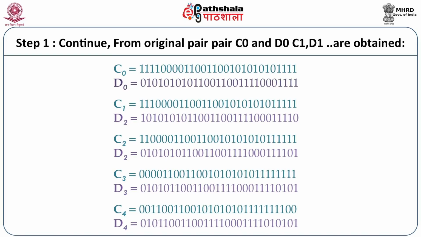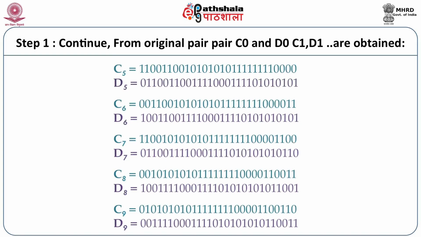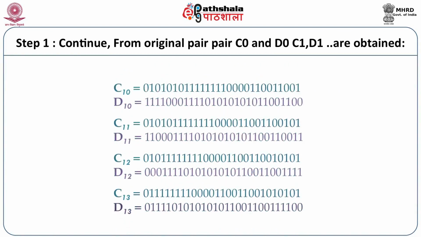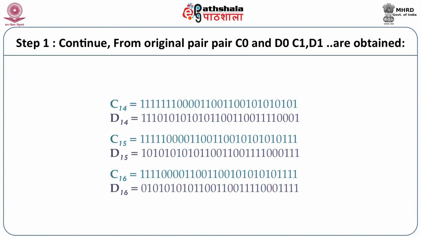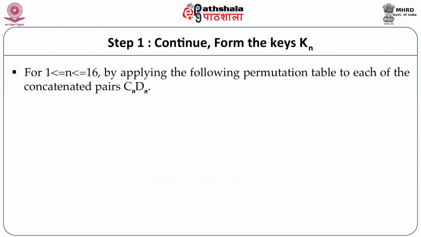So now from the initial C0 and D0, we are ready with C1, D1, C2, D2, C3, D3, C4, C5, and so on up to C16 and D16. For 1 less than or equal to n less than or equal to 16, apply the following permutation table to each of the concatenated pairs Cn and Dn.